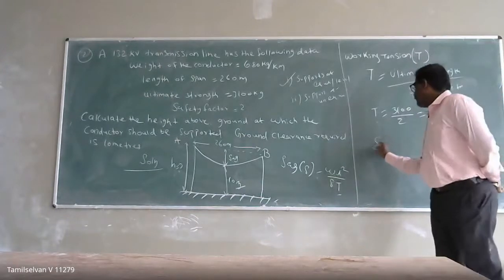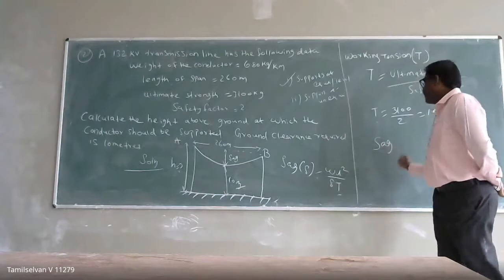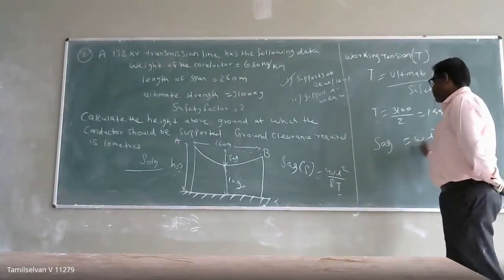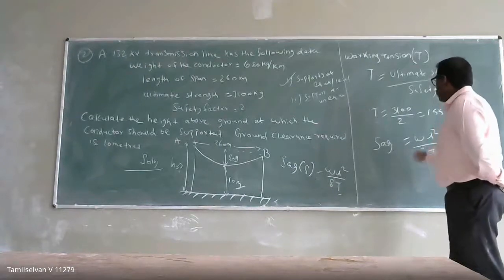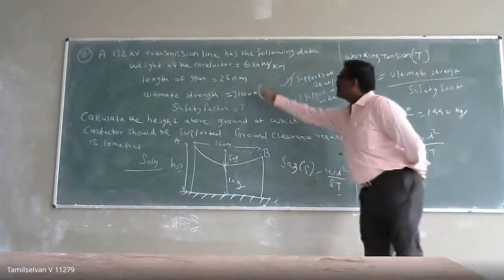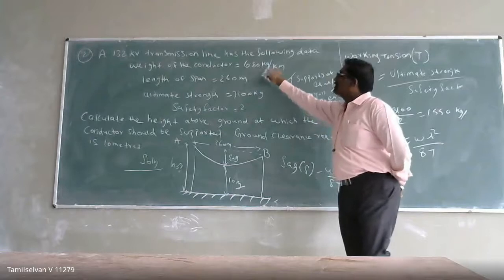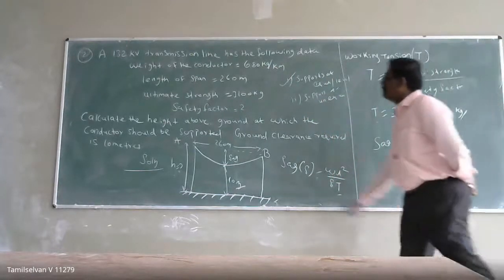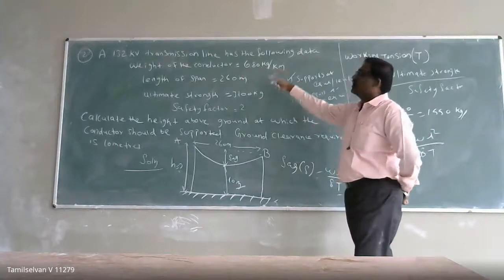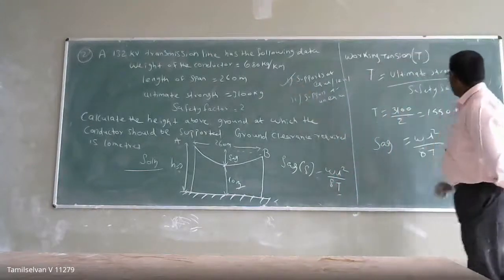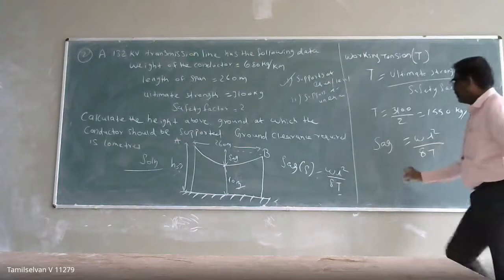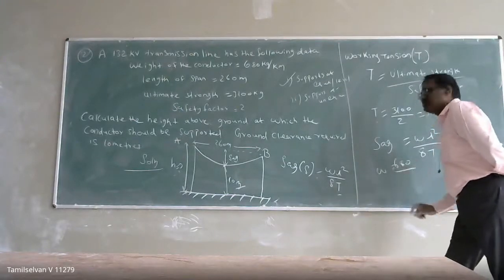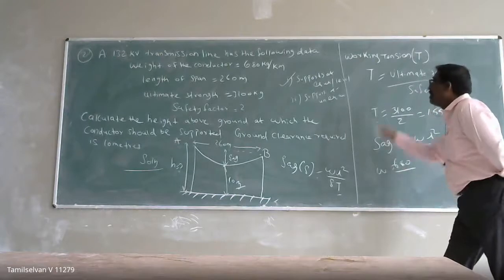So my sag S is equal to W into L square by 8T. What about the weight? The weight of the conductor is given as 680 kg per kilometer. But here everything else is in meters and kg, so I have to calculate the weight per meter.